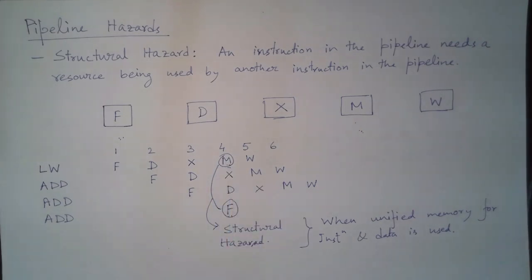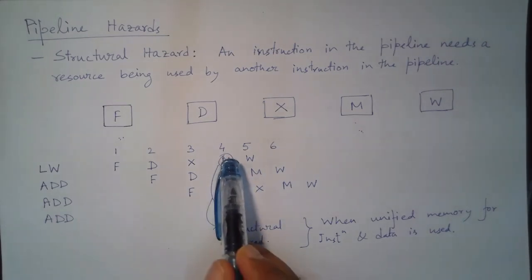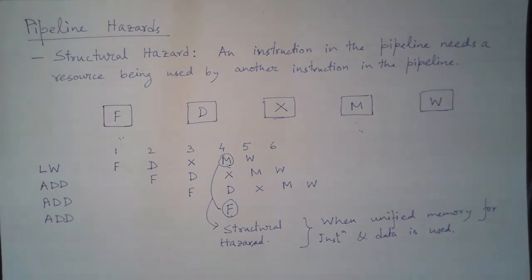All right. So in one cycle you are trying to read memory using these two instructions, and that can lead to structural hazard if you have unified memory.